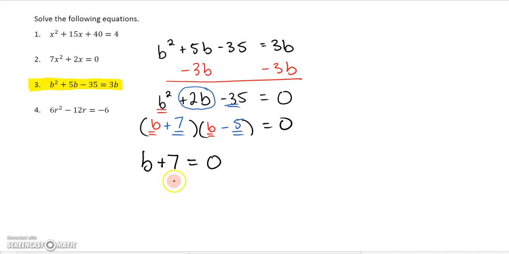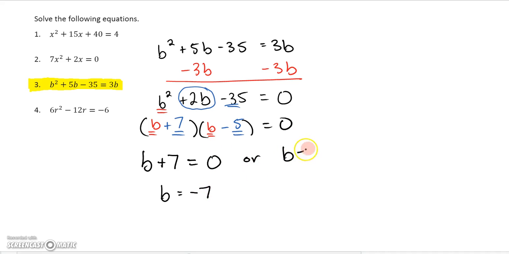Well, negative 7, does that sound about right? b could be negative 7. Would that make this 0? Yeah, negative 7 plus 7 is 0. You'd plug the negative 7 in there too, but that doesn't matter, because 0 times anything is 0. So that's our first solution.